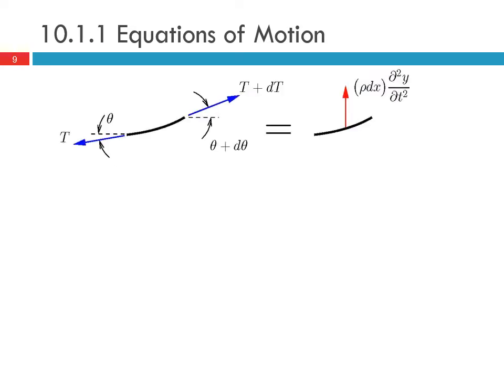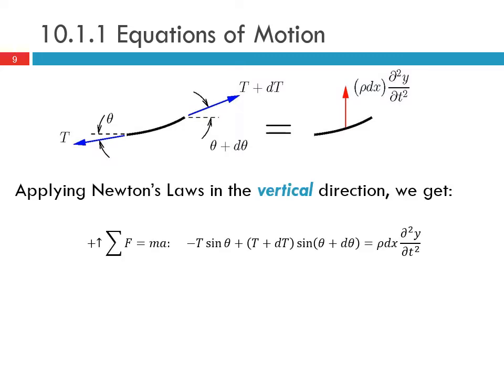Okay, now consider our same free body diagram, mass acceleration diagram, and we want to apply Newton's laws in the vertical direction. So here we have F equals ma. We have minus T sine theta plus T plus delta T sine theta plus d theta is equal to rho dx d2y, or partial 2y by partial t squared, which again is the vertical acceleration.